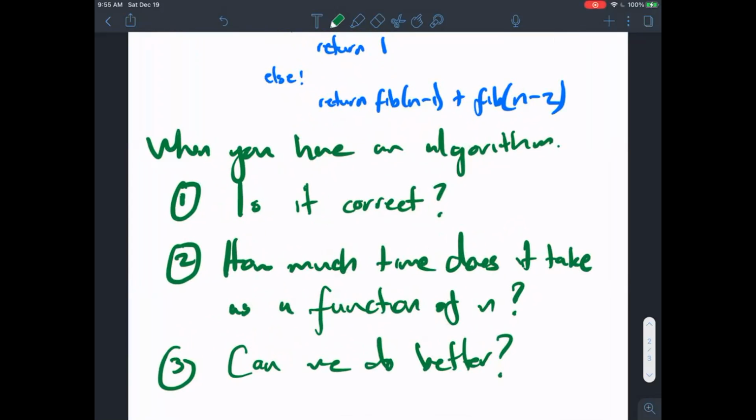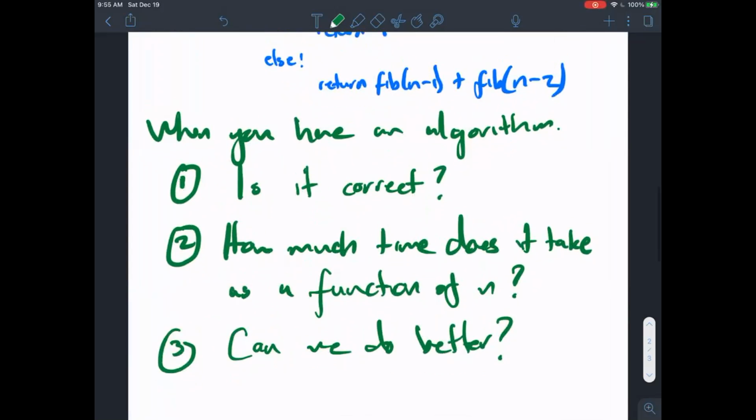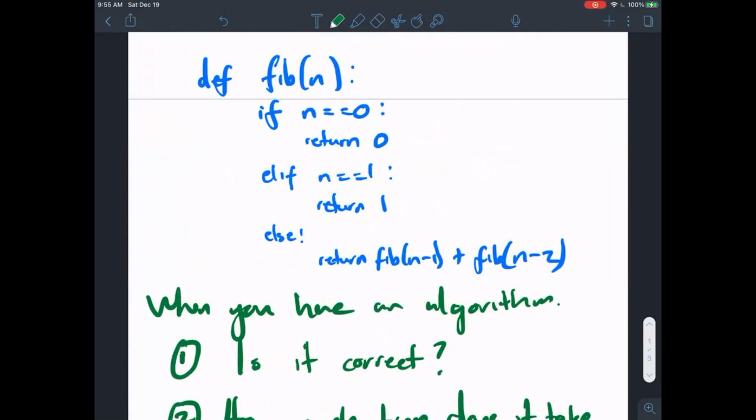So now let's use these 3 questions to look at the Fibonacci algorithm. The first question, is it correct? Yeah, if we look at this, it looks correct.